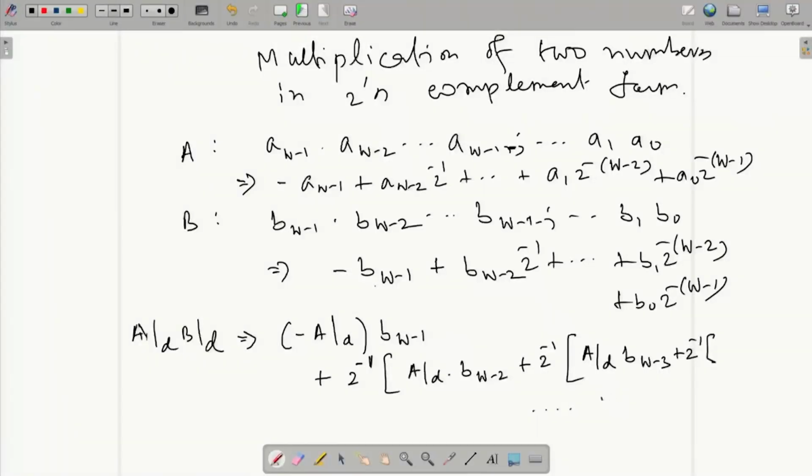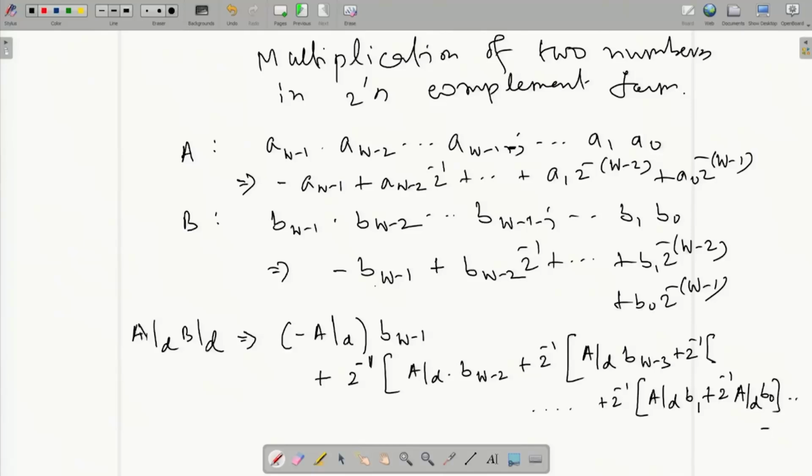Finally, you will have 2 inverse common A by D times B 1, and again just the last 2 inverse times A by D times B 0. You can put this also under a bracket, but no need.